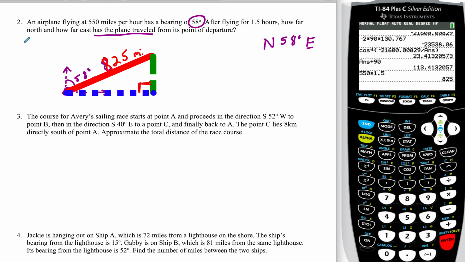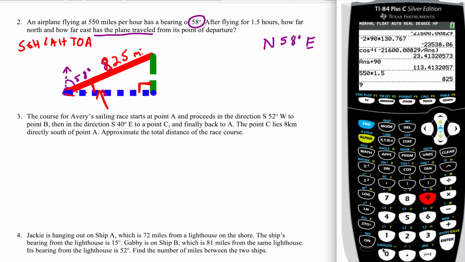So that means that we are going to use the method of SOHCAHTOA. Here's the problem: we need to know this angle right here. But I can get that angle because I know that the whole angle is going to be 90. We can see that because this is the north line and this is the east line.